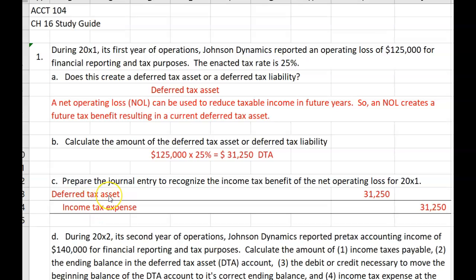Because there are no income taxes payable in a year where taxable income is zero, then the income tax expense has to be a credit of $31,250. This is actually an income tax benefit of $31,250 credit.